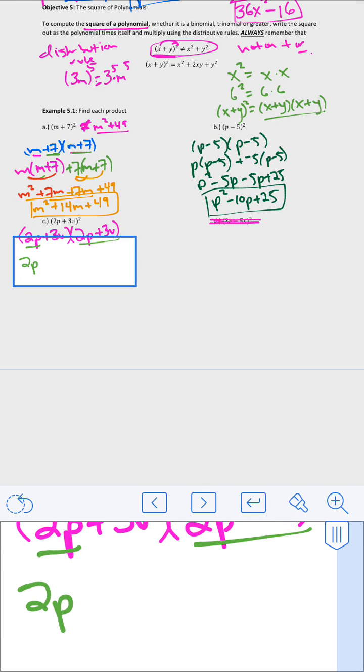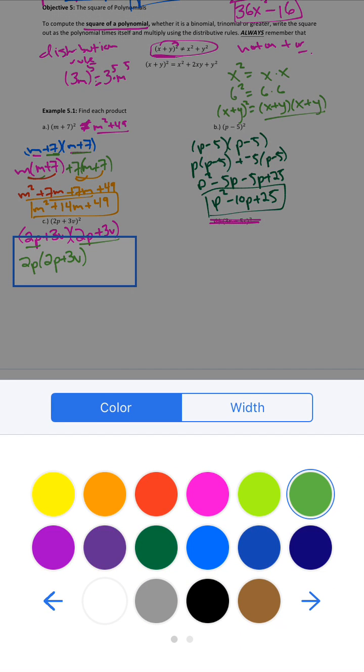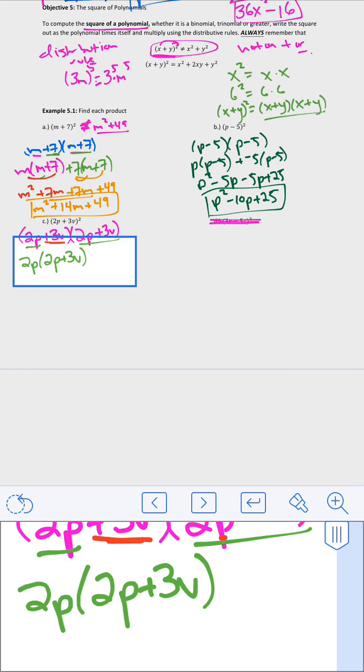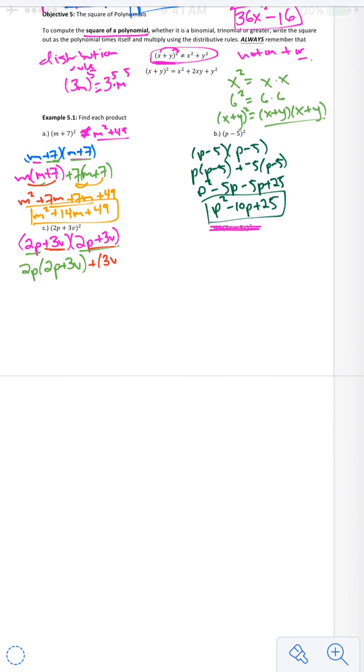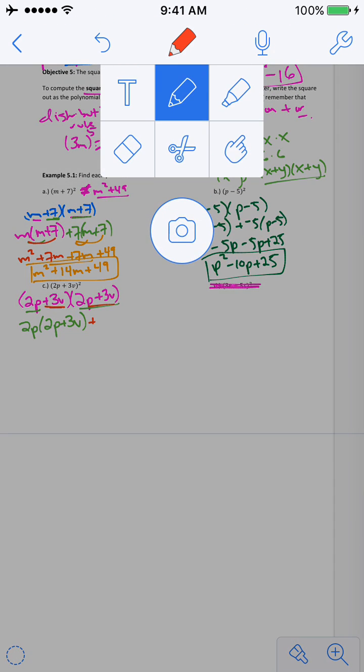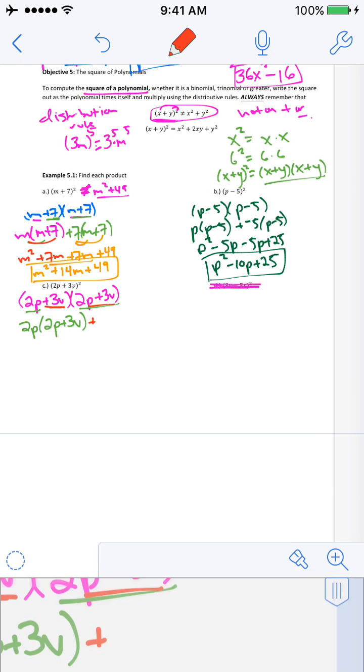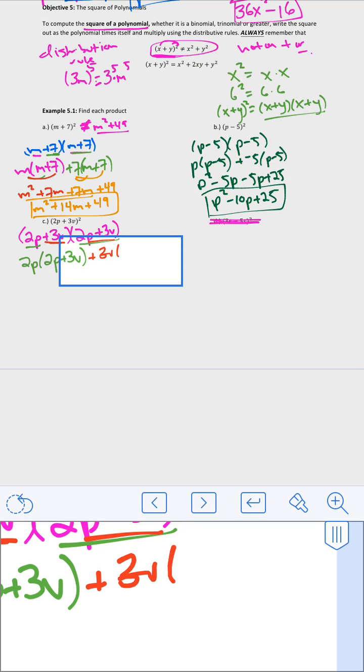So 2p times 2p plus 3v, and then 3v times the monomial, so plus 3v times 2p plus 3v.